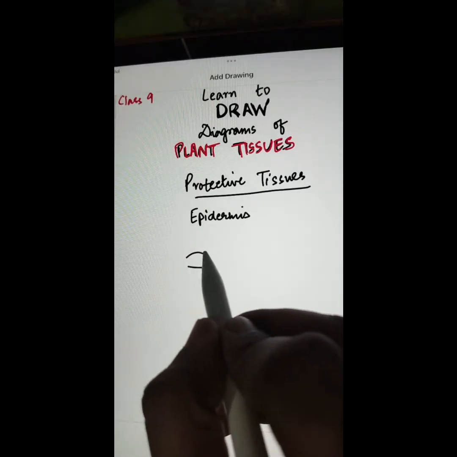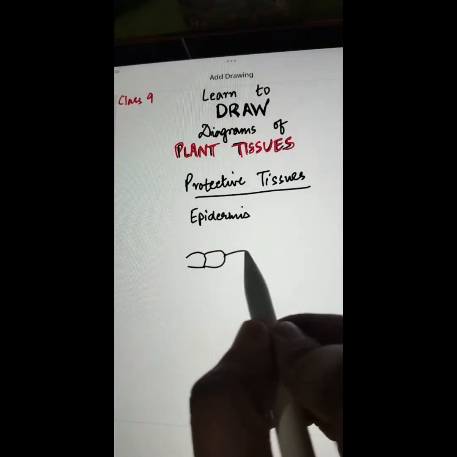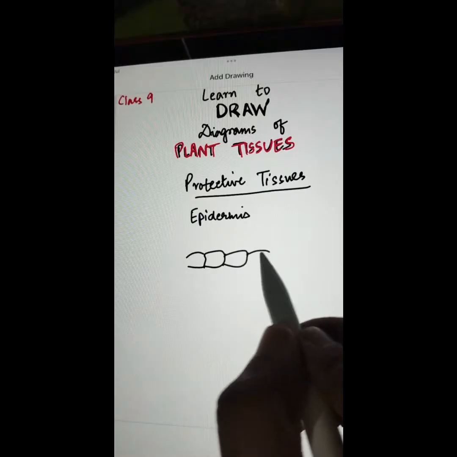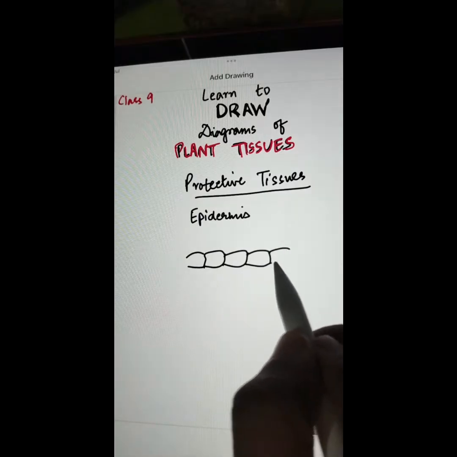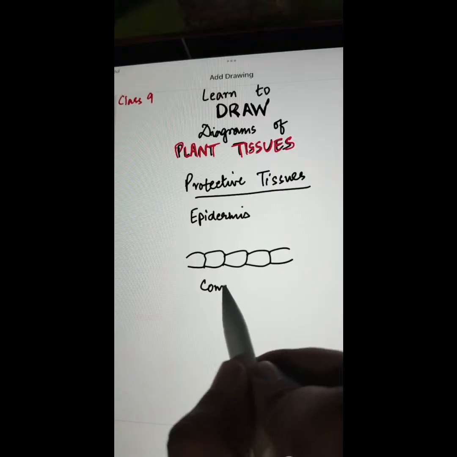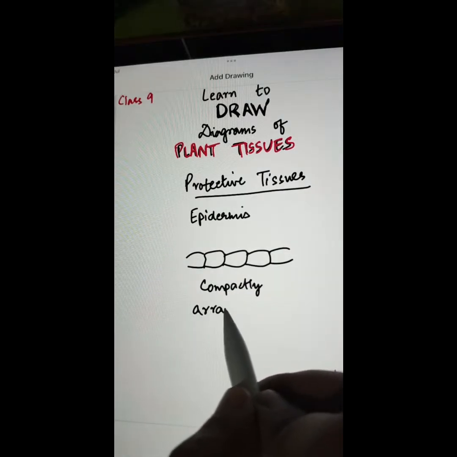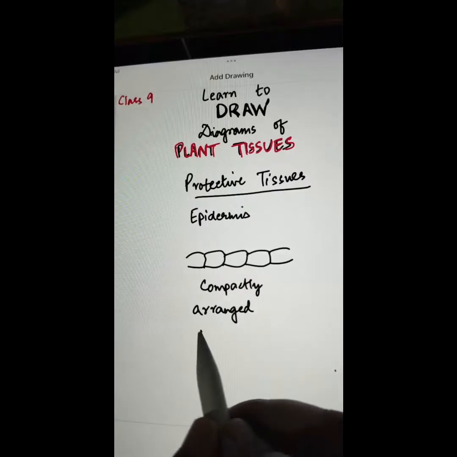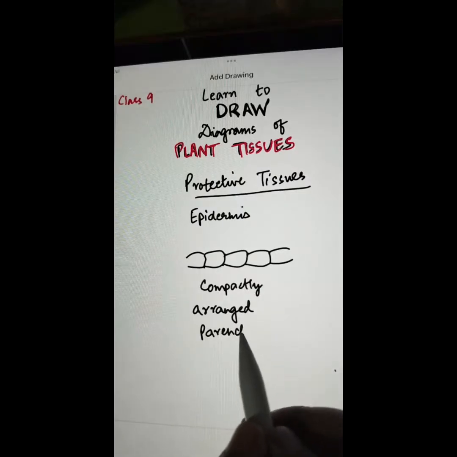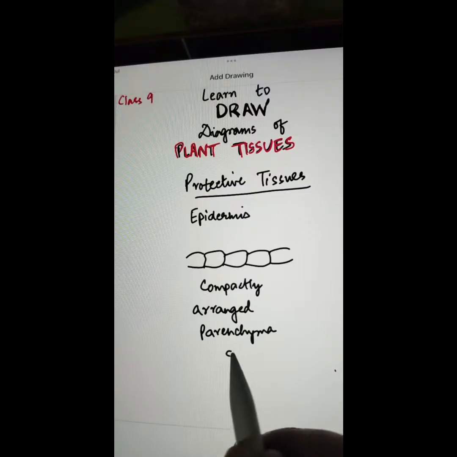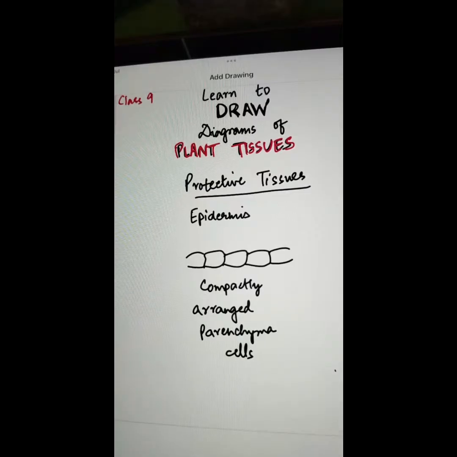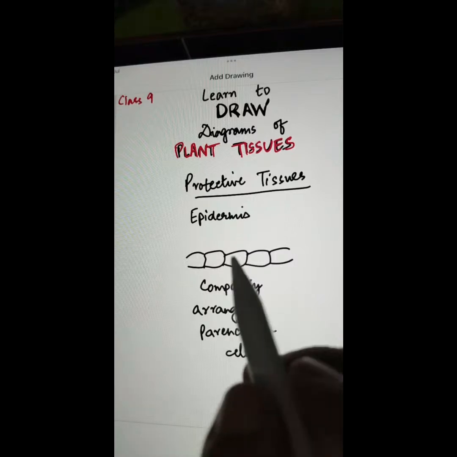Epidermis is the outermost layer of root, stem, or leaf. What is it made up of? So it is made up of compactly arranged parenchyma cells. So when the parenchyma cells arrange compactly with no intercellular space between them, then they form the epidermis.